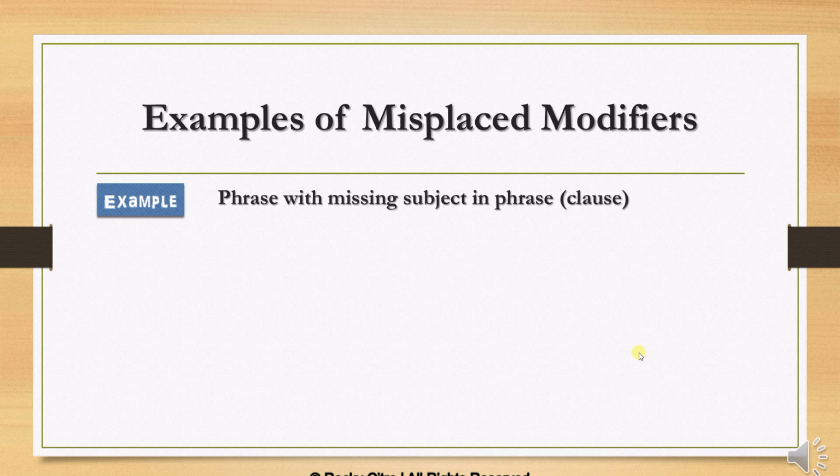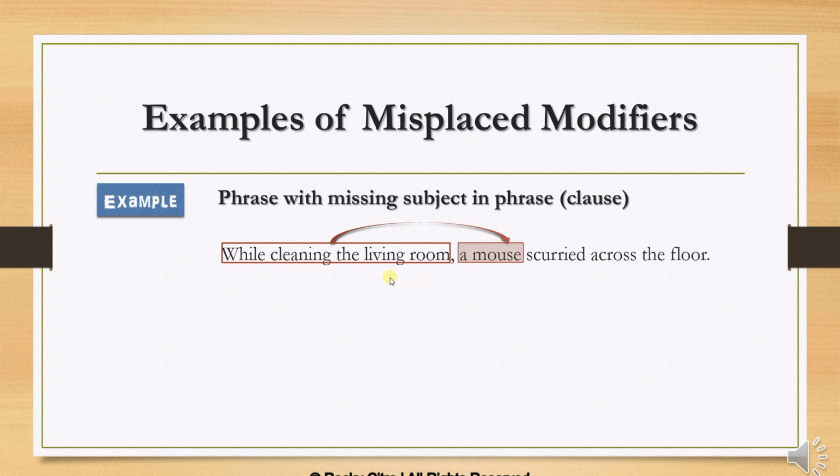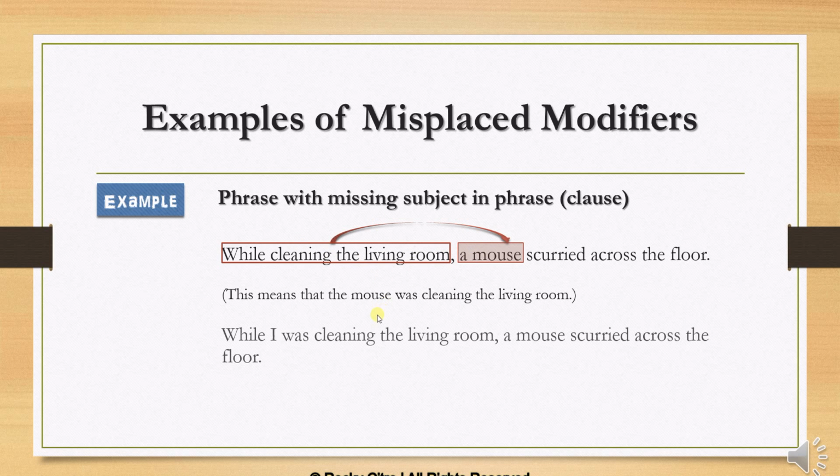Okay, another example. In this case, we could add the subject right into the phrase itself. While cleaning the living room, a mouse scurried across the floor. Here's our phrase. It modifies the next element, a mouse. And of course that means that the mouse was actually cleaning the living room. The mouse was doing the action here. We can fix this in a couple of different ways. I just wanted to show you a different way to fix it.